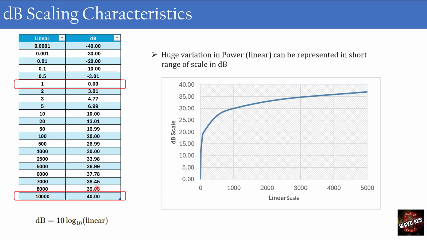This is mainly useful in our antenna cases, because we usually specify that an antenna has a side lobe level of minus 20 dB. We are just specifying that it is less than 0, it's 20 dB down. But in linear scale, it is representing 100 multiples. So by using the dB scale, we can represent the values in a short range of scale, so it is easier to visualize and understand.